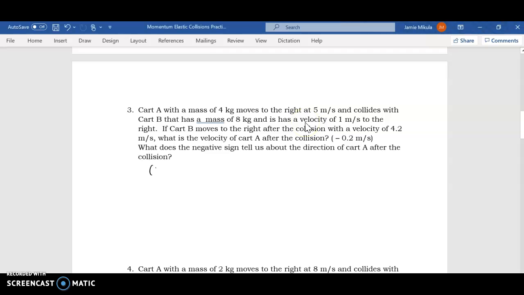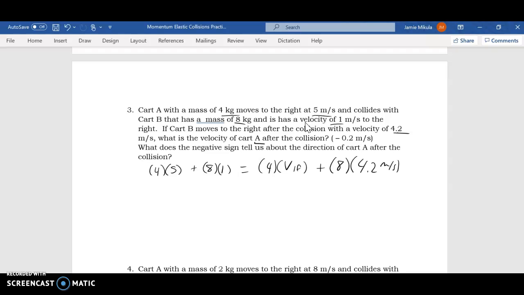The mass of the first one is 4, and it's moving to the right at 5. The mass of the second one is 8, and it has a velocity of 1 to the right. And then the mass of the first one is 4, and after the collision, we're looking for that. The mass of the second one is 8, and after the collision, it's moving with 4.2 meters per second.